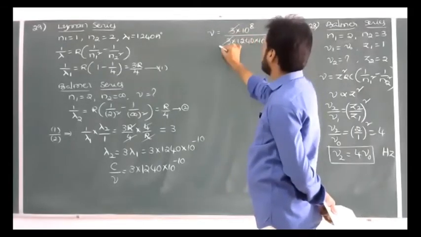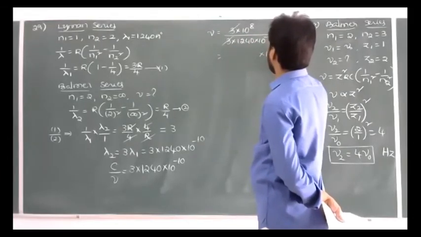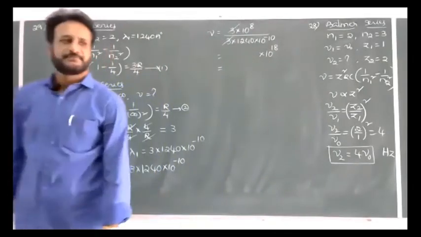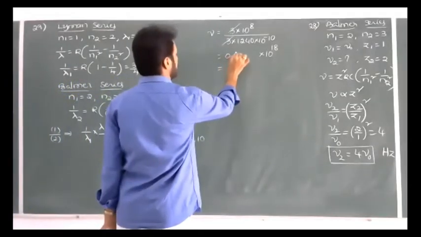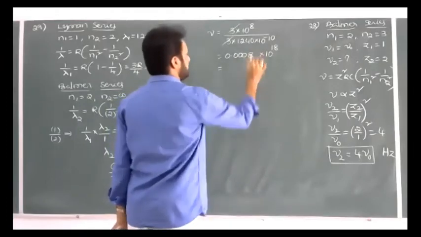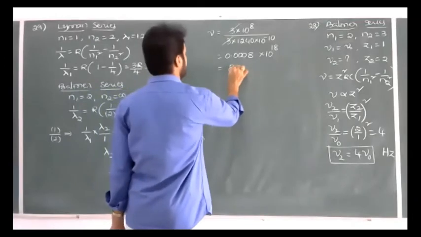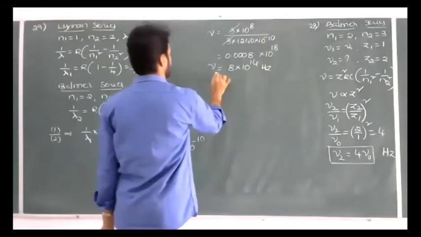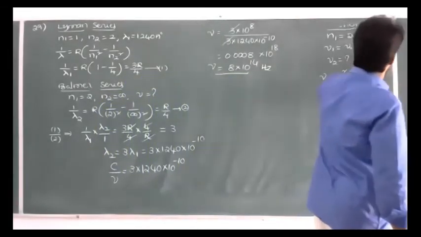Here 3 gets cancelled, and 10 to the power of minus 10 taken to the numerator becomes plus 10, so 10 to the power of 18. Now 1 by 1240 is approximately 0.000806, which rounds off to 8 approximately. So nu is equal to 8 into 10 to the power of 14 hertz.